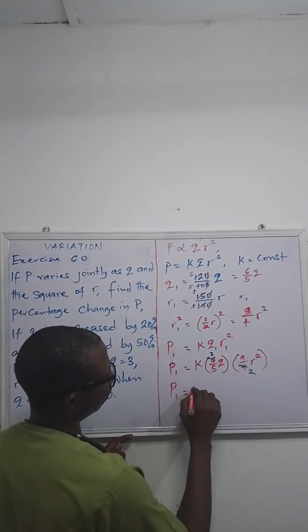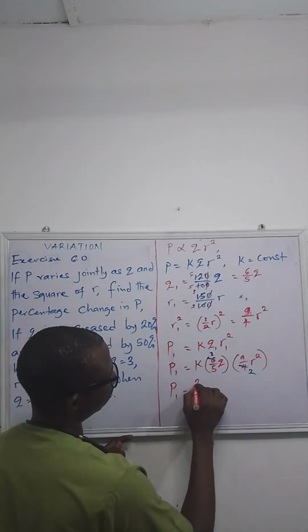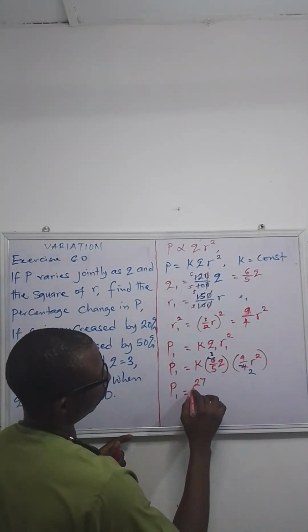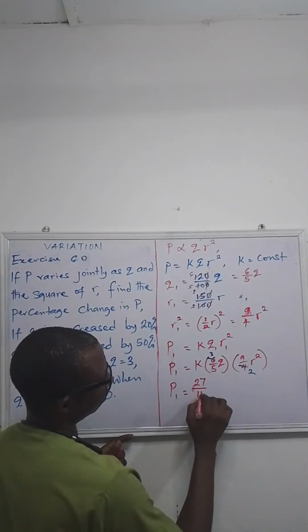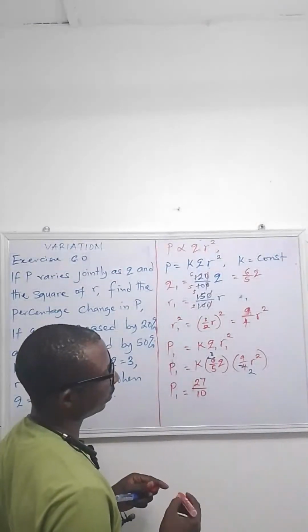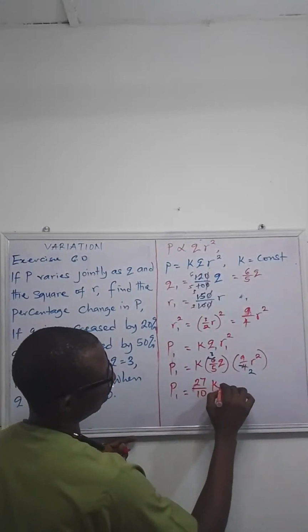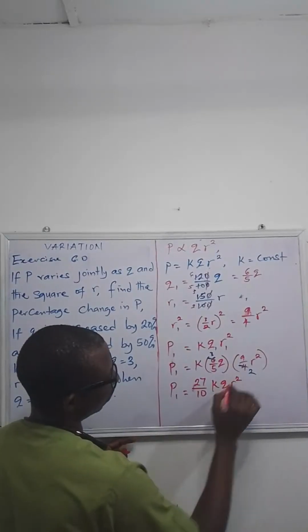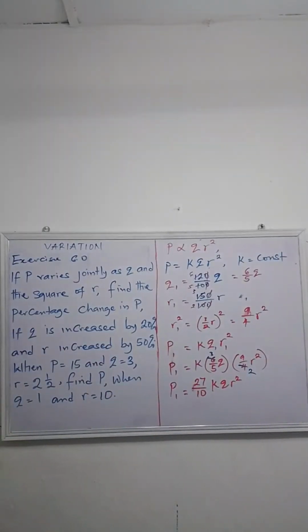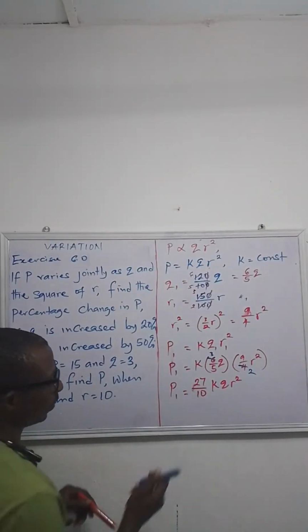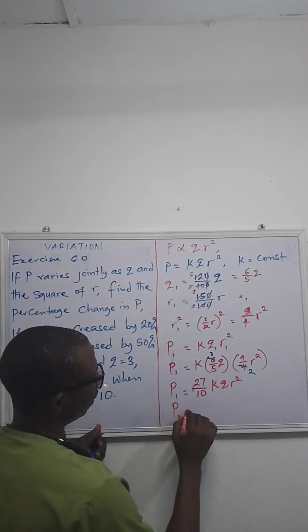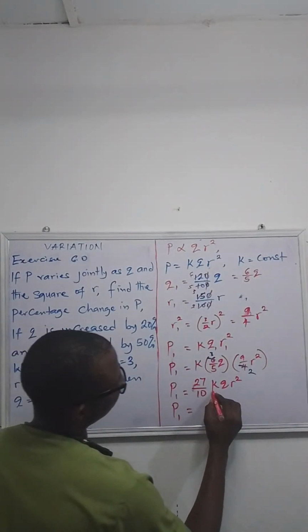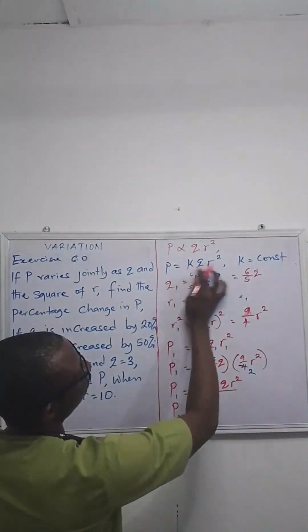So we have 27 over 10 KQR squared. Hope you get that. Good. So now we have P1 equals, and when you look at this, it is the same thing as what we have here.